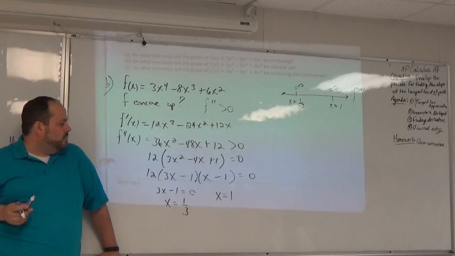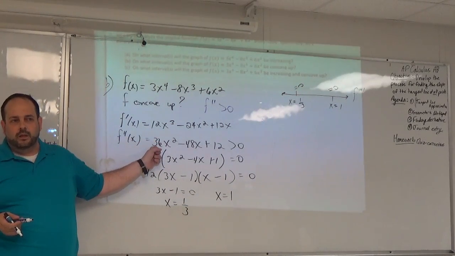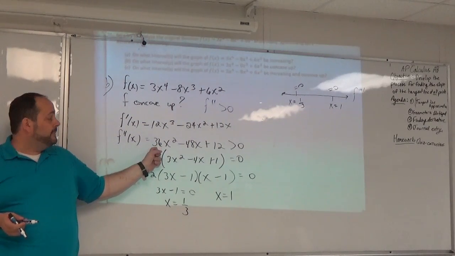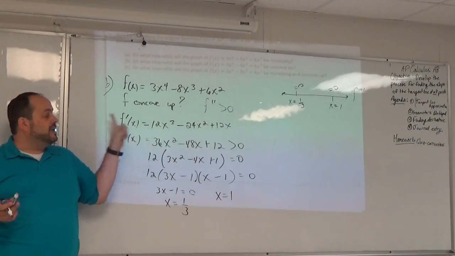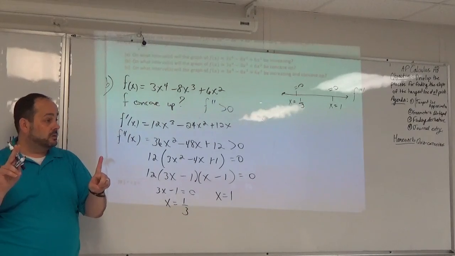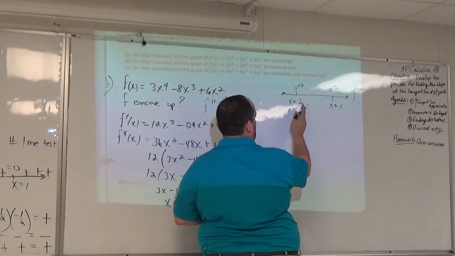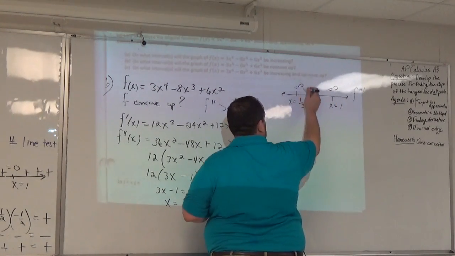Just real quick, what's this the graph of? F double prime. Yep, this is a parabola. Opening which way? Up. If you know the roots, what has to be true? From x equals 1/3 to x equals 1, think about your parabola. It does this, right?